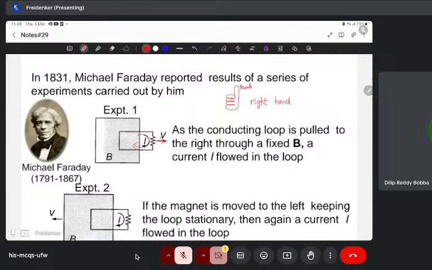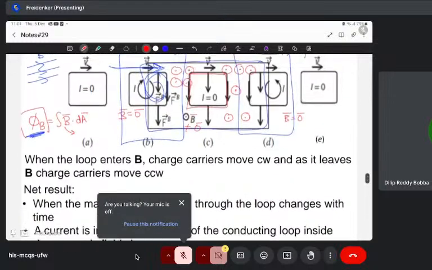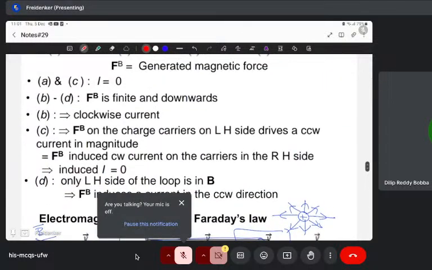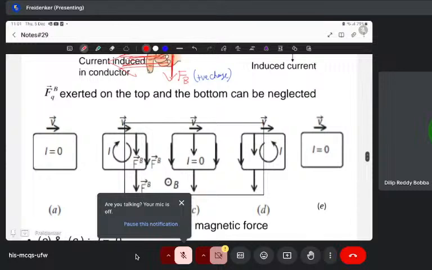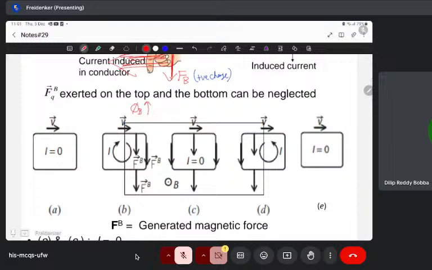Is it into the plane or outside the plane? Maybe I will show you the previous example. Here magnetic flux is increasing. Here magnetic flux is decreasing.